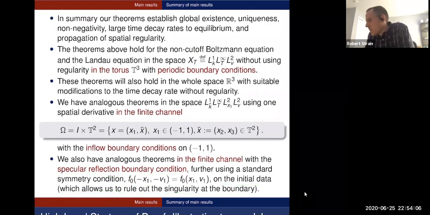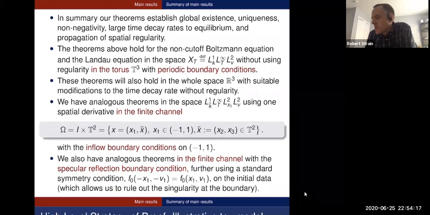So that's the summary. We have a global existence of perturbative solutions, and we can do some boundary conditions. And in some cases, we get the smoothing effects.